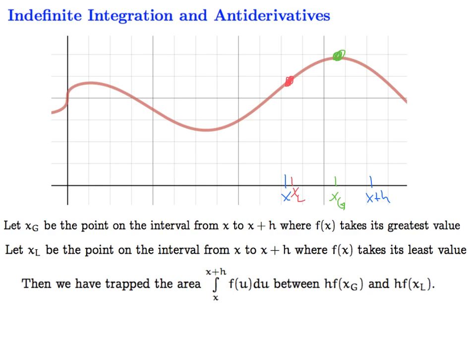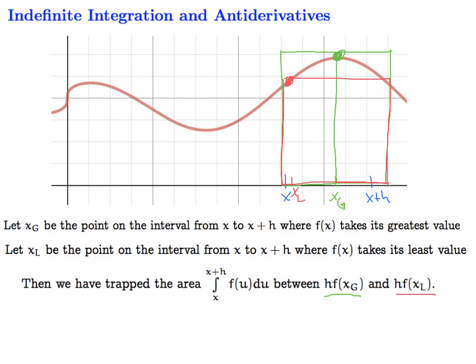The reason I did this is because now I've trapped the area of the integral I want to compute between two different rectangles. Here, h times f of x sub g means I take this height at x sub g and multiply it by the width of my interval, so I get a rectangle with a certain area. I can do the same thing for x sub l: the width of my interval multiplied by the height gives another rectangle that approximates the area.